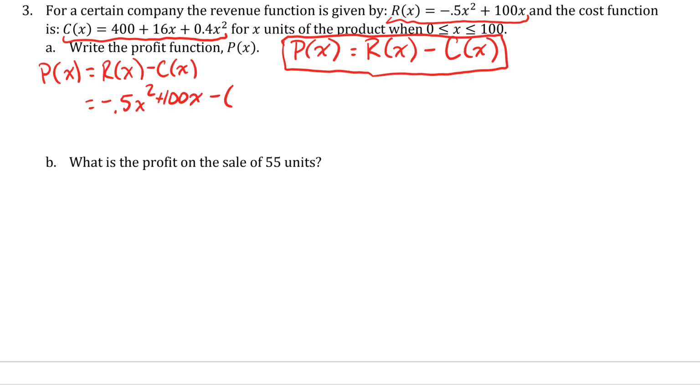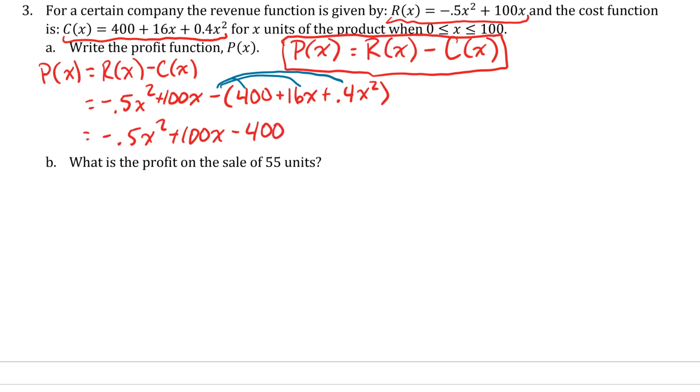So minus that cost function, which was 400 plus 16x plus 0.4x squared. Now, I already said it, but next step is going to be distributing that negative. So we have negative 0.5x squared plus 100x, that part's not changing. Then minus 400 minus 16x minus 0.4x squared.